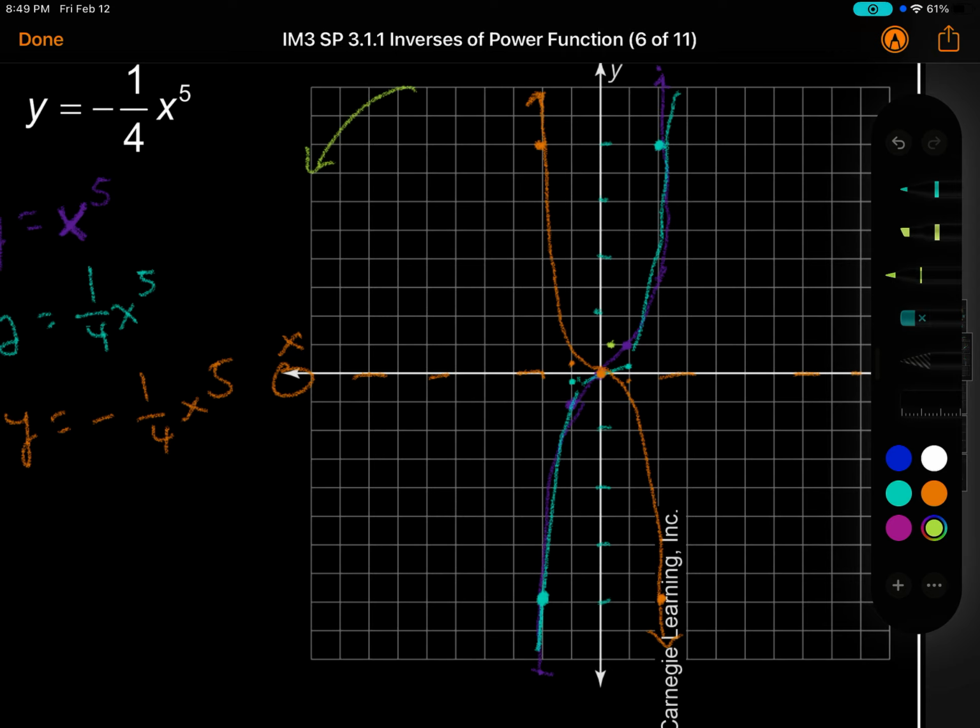That's the 0.25, and then the 8 would be 2, 4, 6, 8 here. And then this one's going to be the same thing, 0.25, and then 2 at 8. 2, 4, 6, 8 right here.